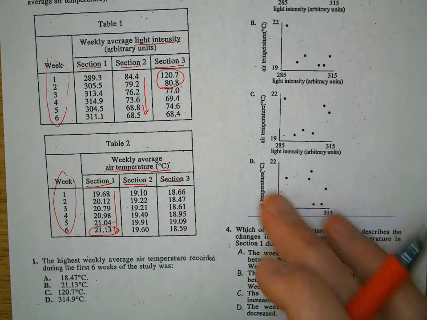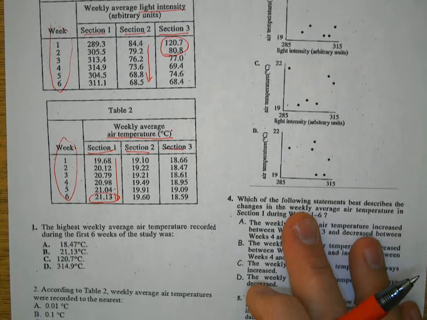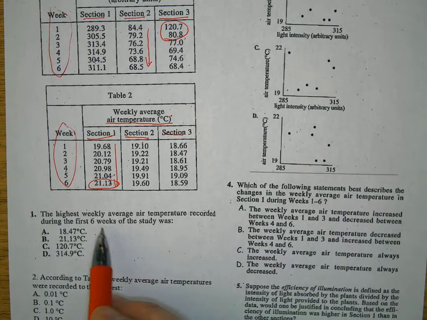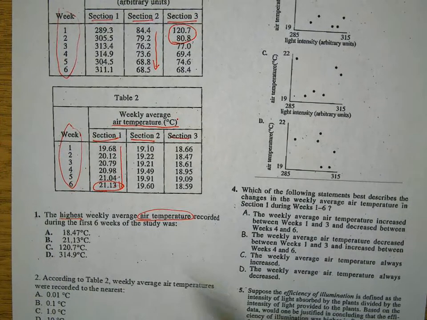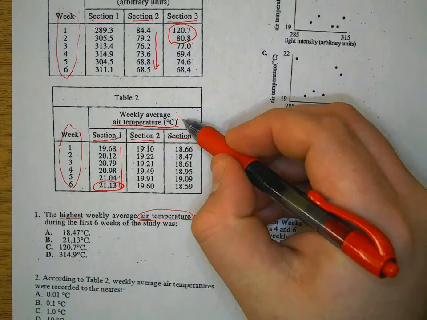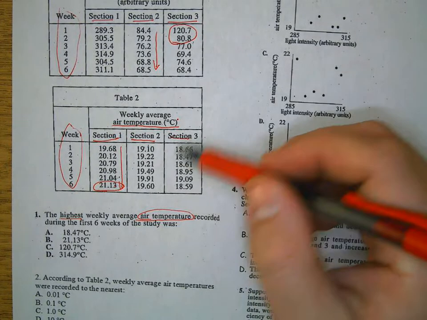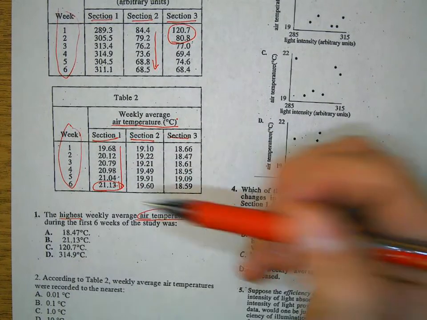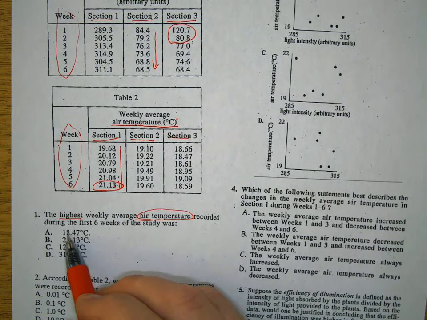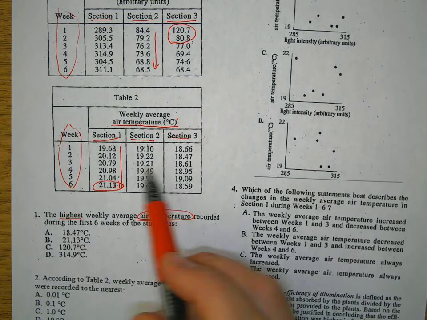So let's look at question number 1. The highest weekly average air temperature. We need to look at table 2. And table 2 says that the highest air temperature is, well, I circled it, 21.13. But let's look at this question. 18.47 we know is not the highest, right? That's going to be a very low one.